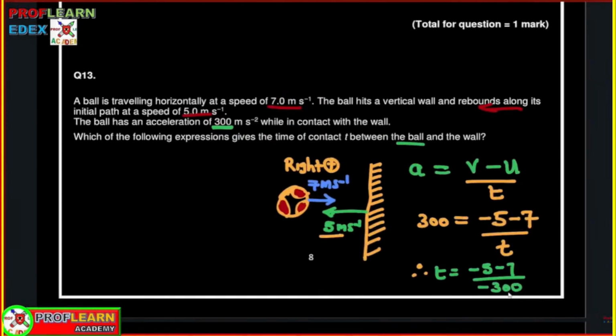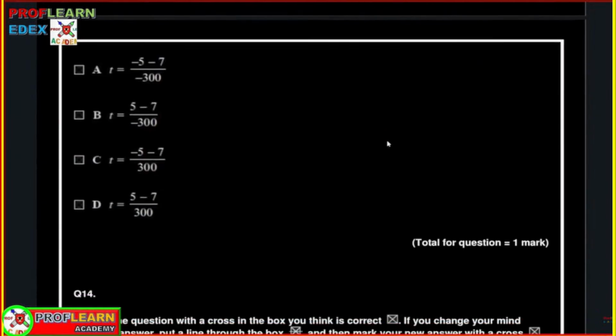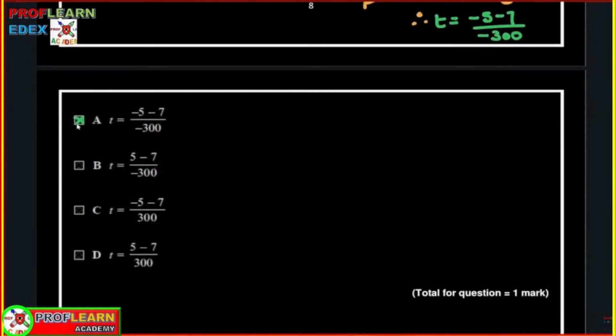The reason I've done this is that time cannot be negative, but acceleration can be. So if you work it out, the expression that represents that is A for that case.